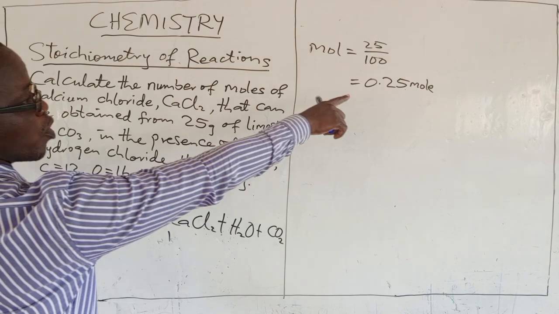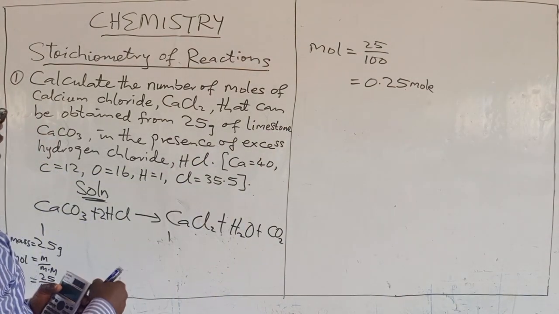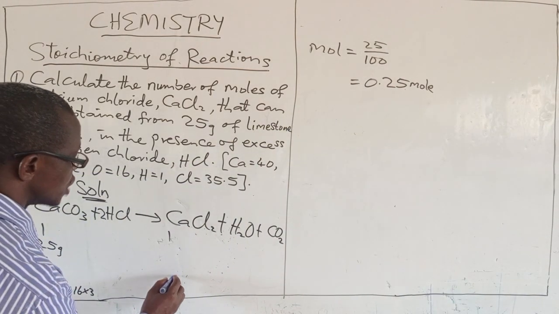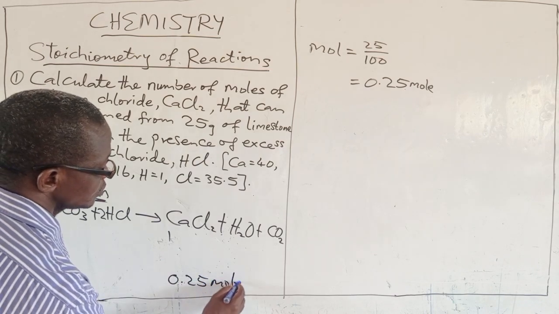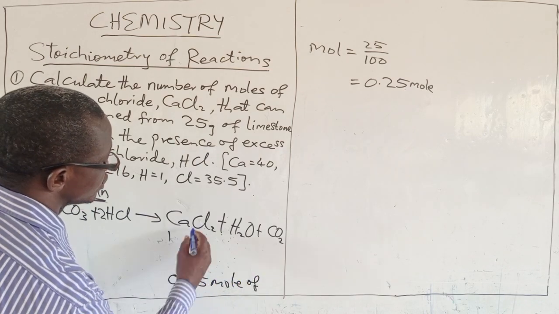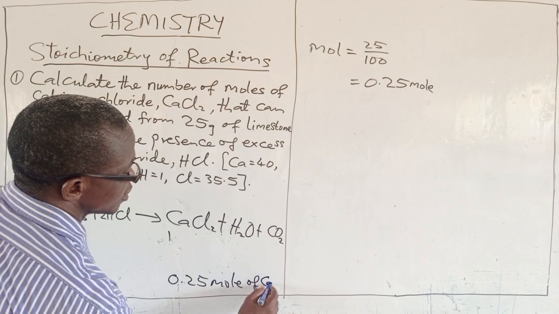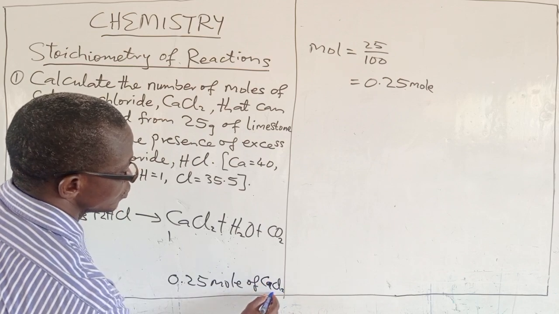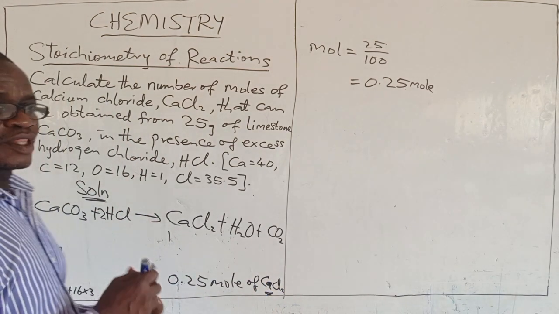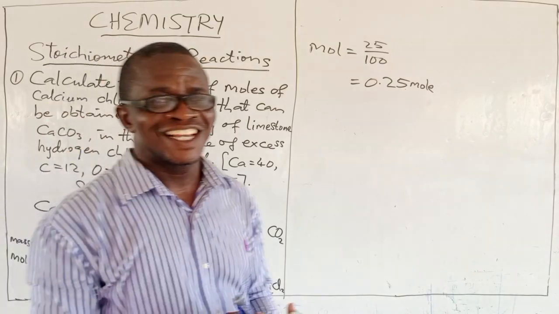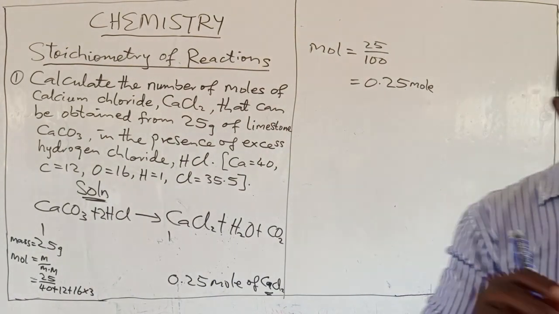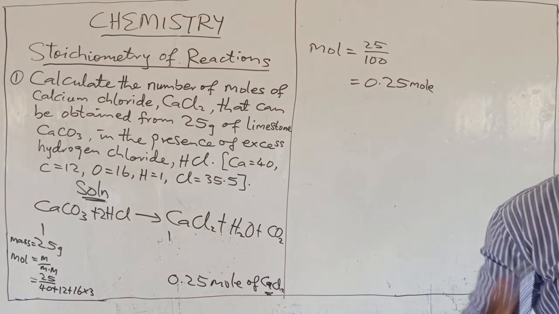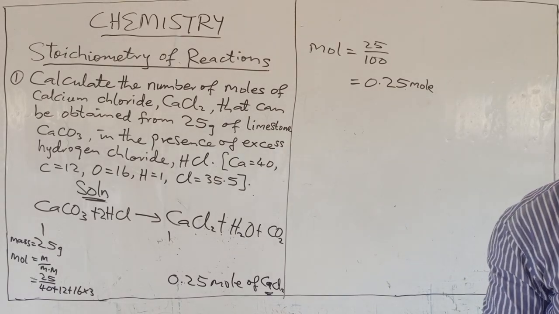So 0.25 will also be equal to 0.25 mole of CaCl2. So that's the answer to that question. I hope you enjoyed it. Okay, we are still going to push forward to the next question.